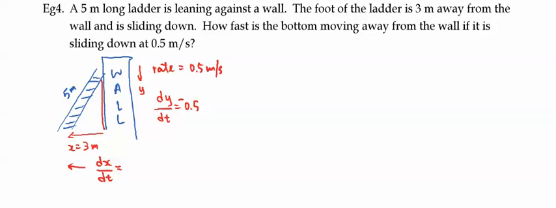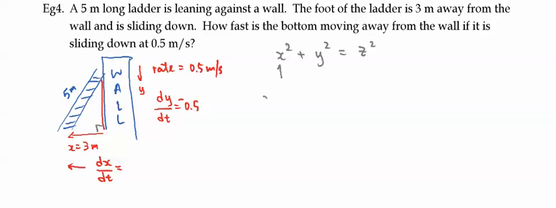Looking at this picture here, we don't have angles in this case. We are not dealing with SOHCAHTOA. But in this triangle, we are dealing with the length on all 3 sides. So if I can set up an equation using the Pythagorean theorem, we can then differentiate both sides of the equation.